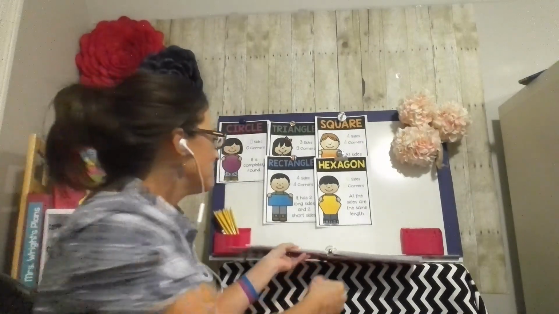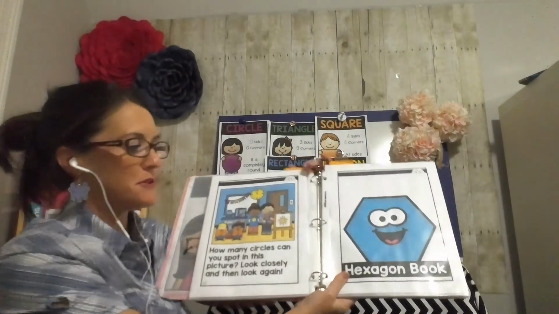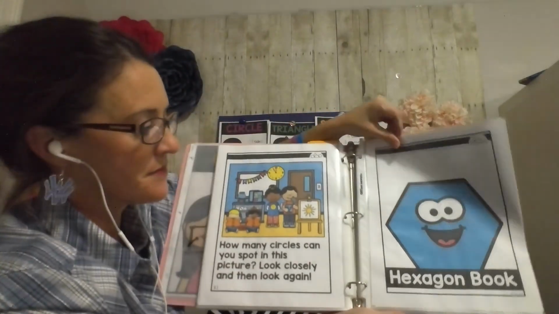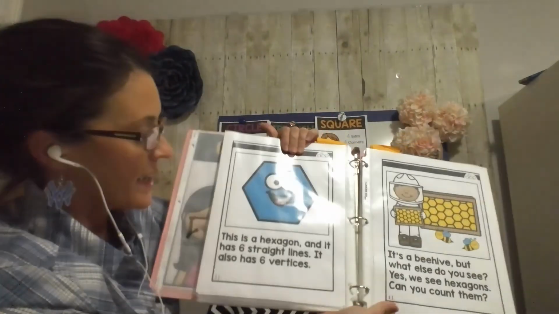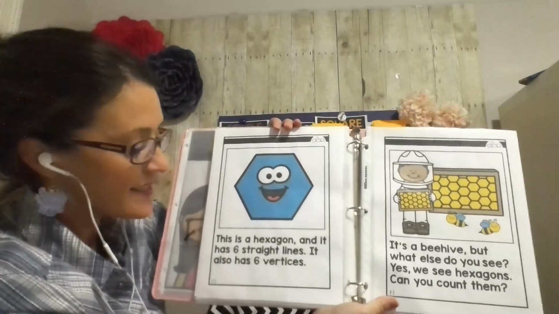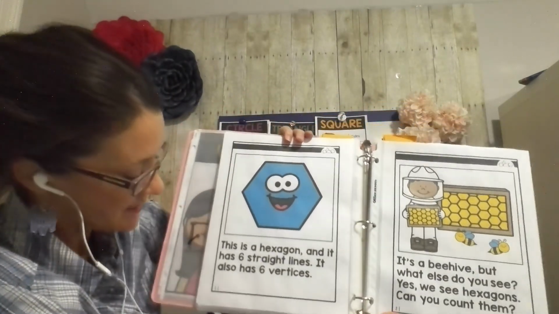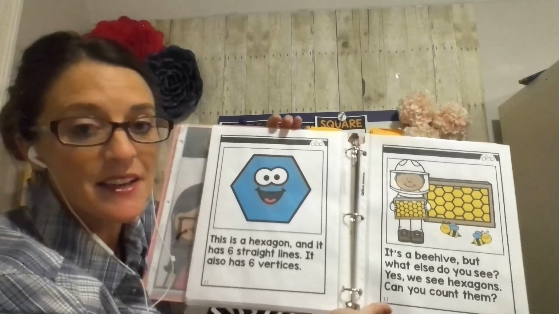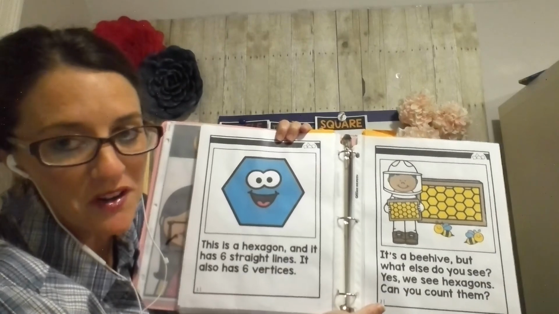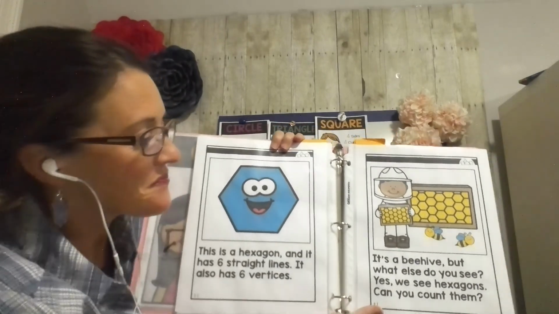All right, so I've got a book to read to you called the Hexagon Book. This is a hexagon, and it has 6 straight lines. It also has 6 vertices. Vertice is just a fancy word for corner, but you'll hear it a lot.